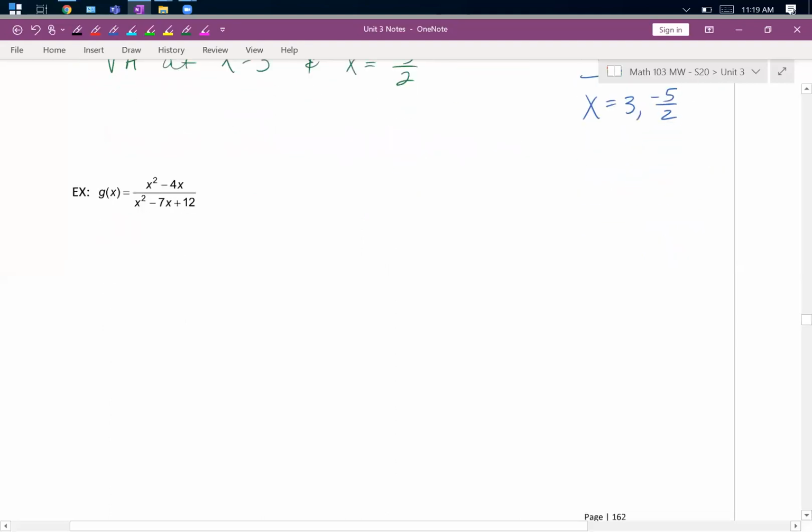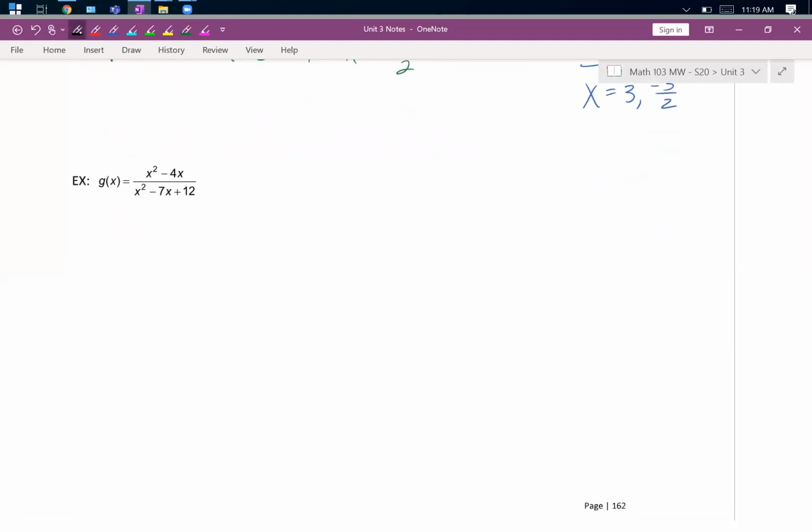All right, let's try another one. We're going to start it out the same way. We're going to start by factoring both the numerator and the denominator, seeing if there's a common factor. Got a GCF of x on top. The bottom factors into x -3 times x -4.